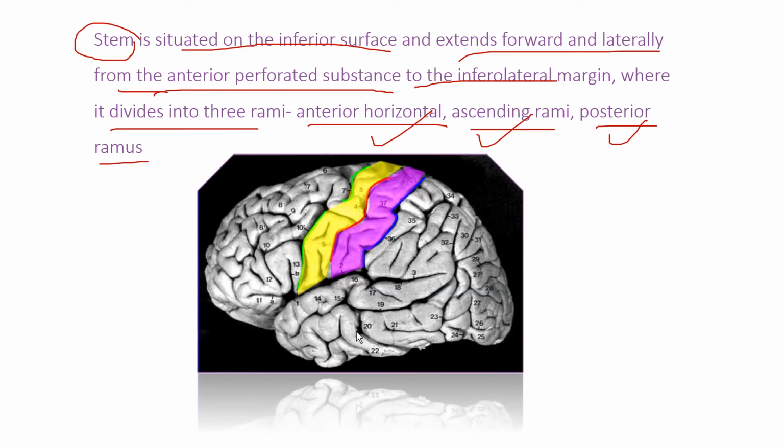So this is how the stem reaches this superolateral surface. This is the anterior horizontal ramus, anterior ascending ramus and this is the posterior ramus. So three rami are on the superolateral surface of the cerebrum and the stem is present on the medial surface, starting from the anterior perforated substance to this inferolateral margin of the cerebrum.